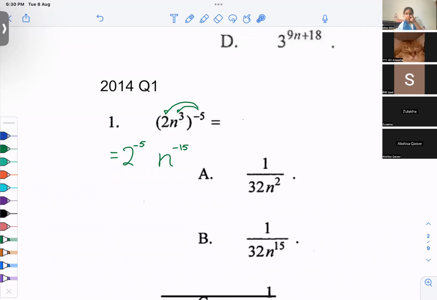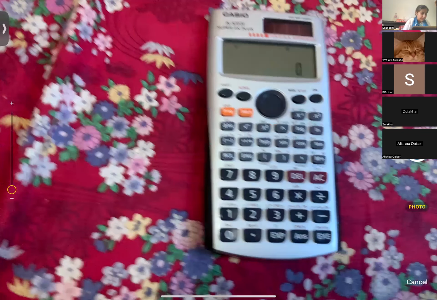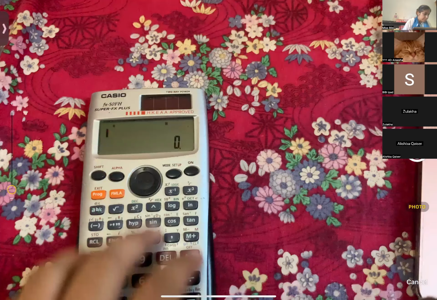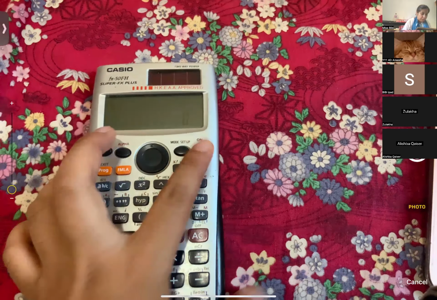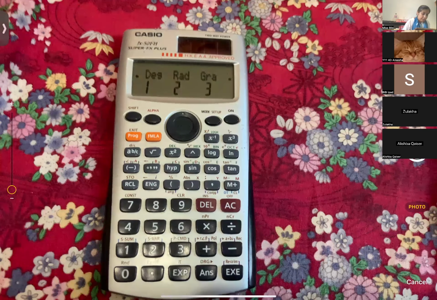Ah, you have fix on top, right? Yes. So did you try clicking mode 1? Does it disappear? No. Okay, so go to shift mode. Shift mode. And then click 1.